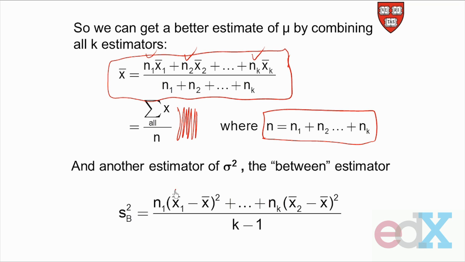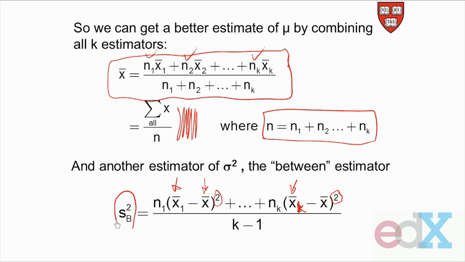Now, each one of these, like x bar 1, also is trying to estimate mu. Now I can take the estimate of the variance, acting as if these x bars were my observations.